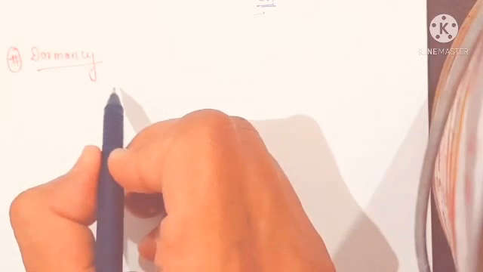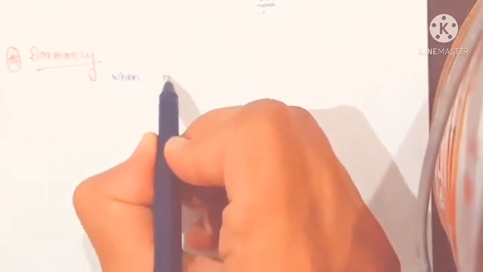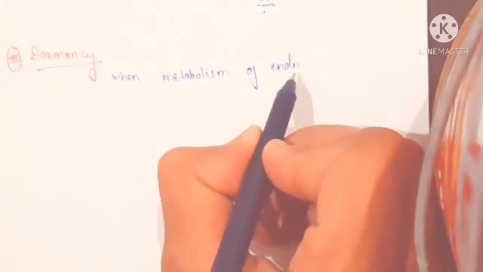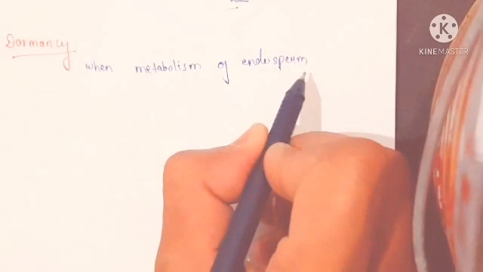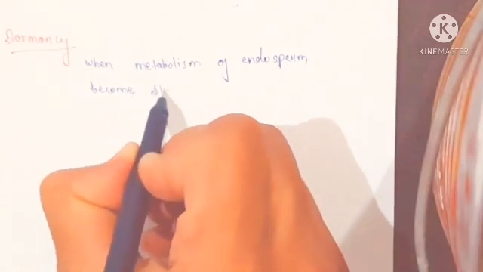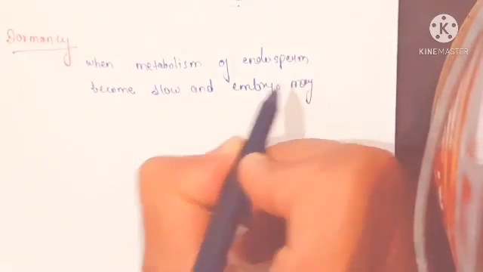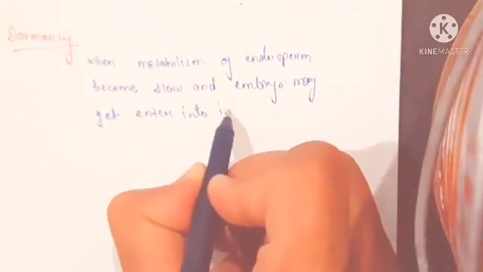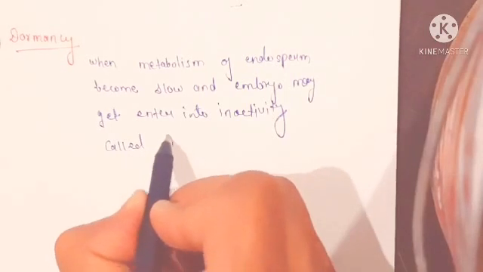So we write here: dormancy is defined as when metabolism of endosperm becomes slow and the embryo may enter into inactivity, called dormancy.